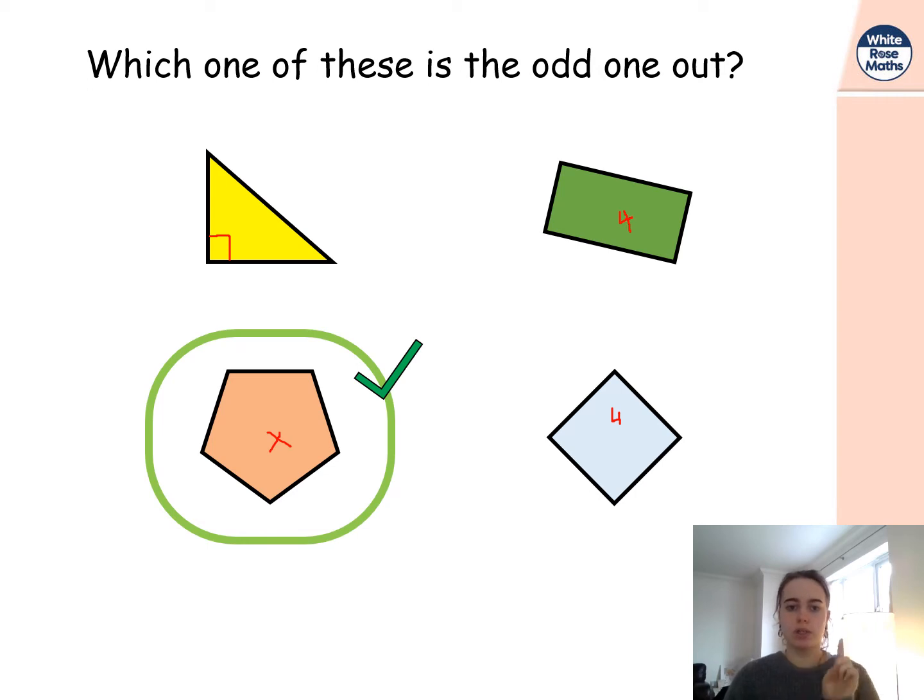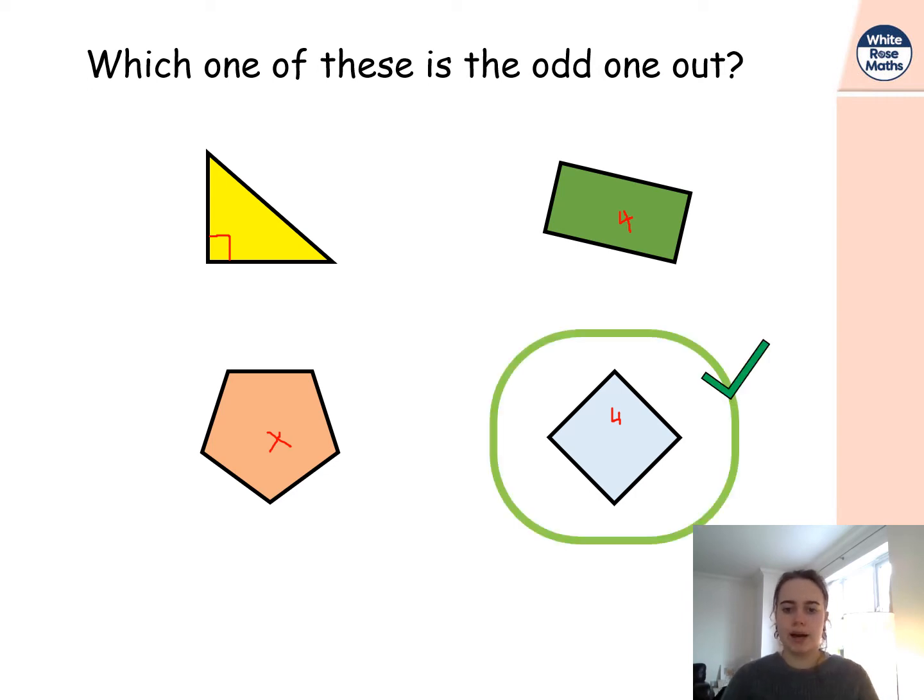They've got 4 or 3. And why is the blue square the odd one out? Because it's only got 4 sides and all 4 sides are the same length. So we have got the pentagon, where all the sides are the same length, but there's 5 sides. So this is the only one with 4 sides, 4 right angles, and 4 equal sides on it.